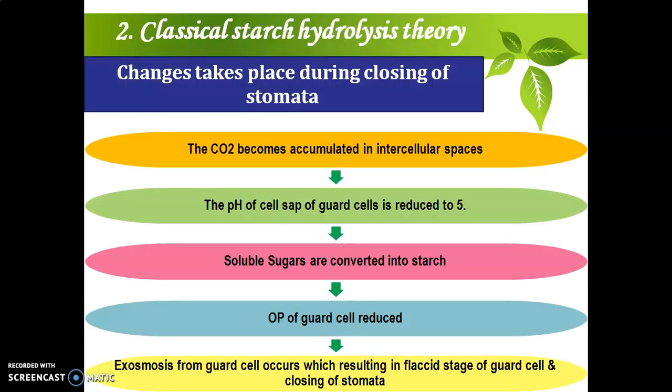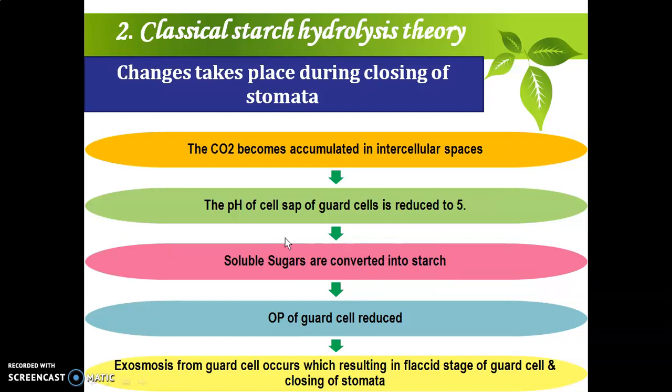Next is the classical starch hydrolysis theory. According to this theory, the following changes take place during the closing of stomata. The carbon dioxide becomes accumulated in the intercellular spaces, and due to accumulation of carbon dioxide the pH of the guard cell sap is reduced to 5, means acidic pH, due to which soluble sugars are converted into starch.